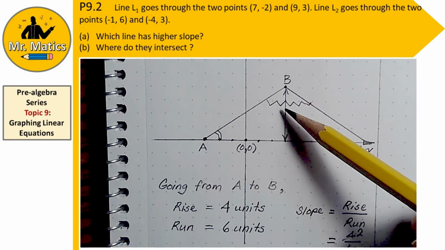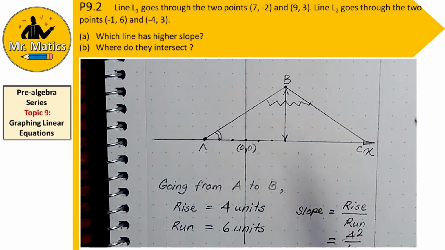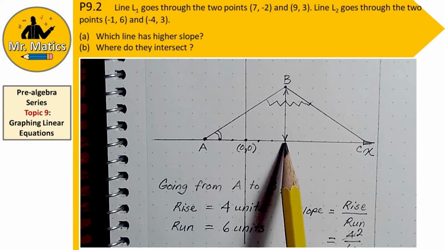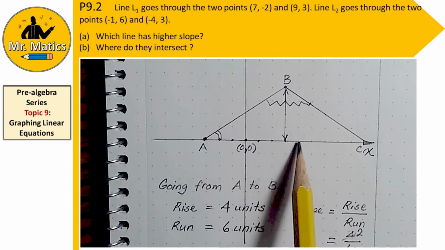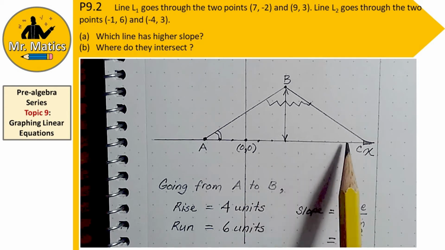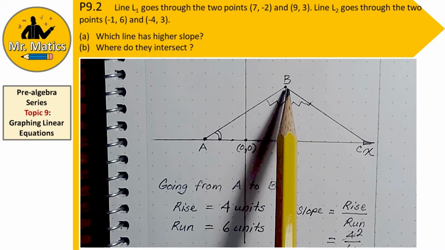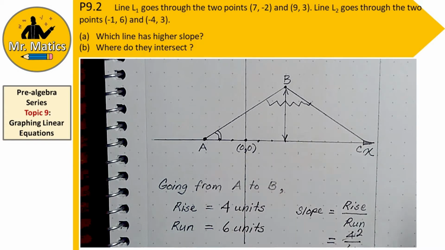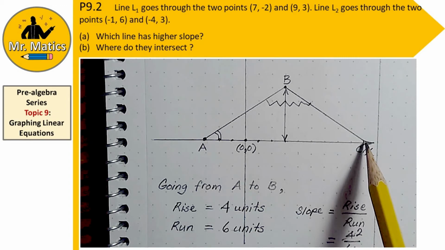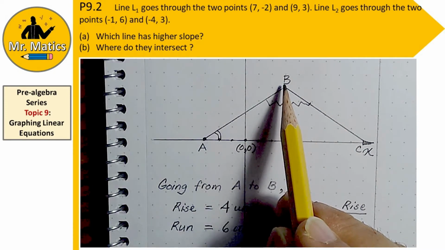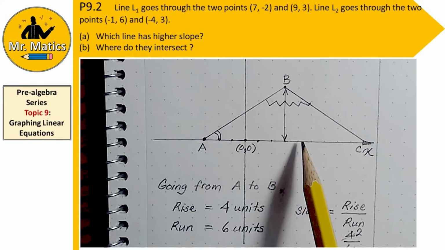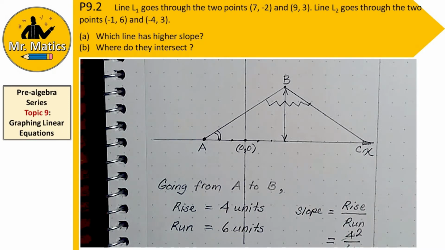So in this case, your rise is negative and your run is positive, because you're moving from this point towards this point in the lateral motion, and in the vertical direction you're coming downward. You can take it also the same if you go from this point C towards point B. Your rise will be upward, so it is positive, but your run will be negative because it's in the negative x direction.